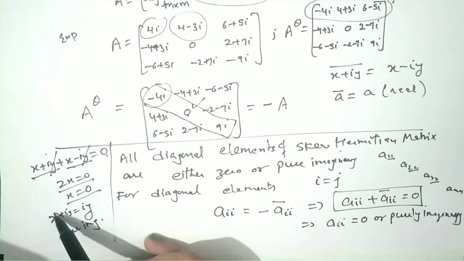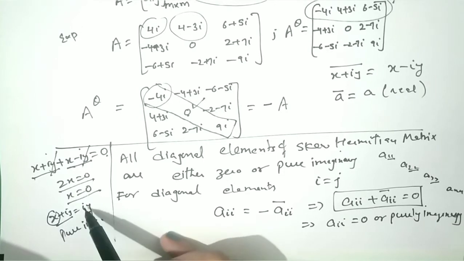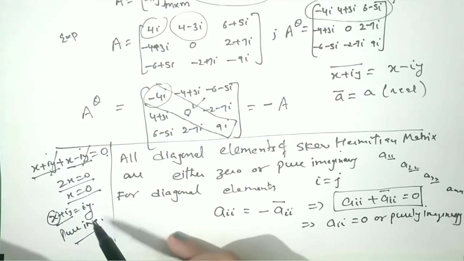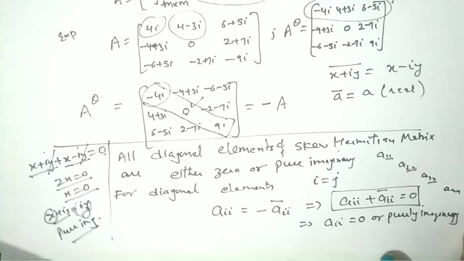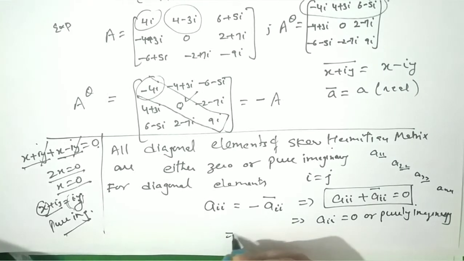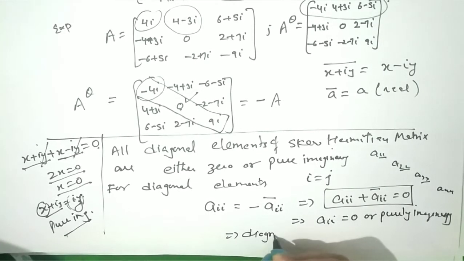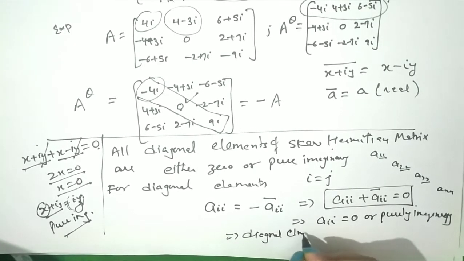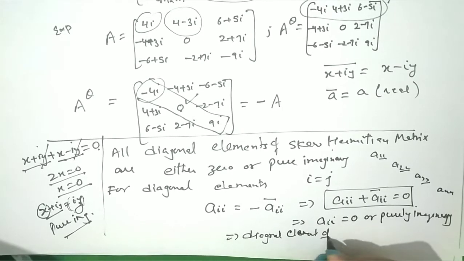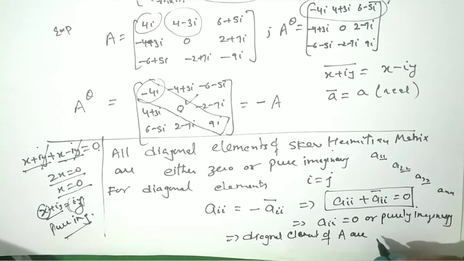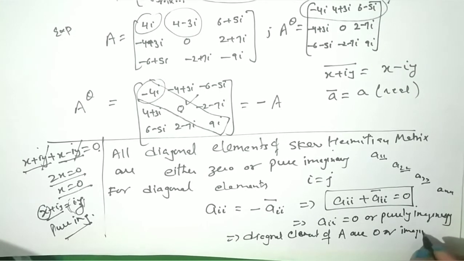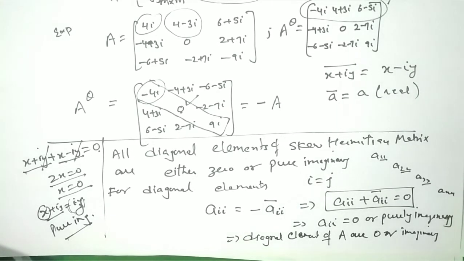If x is 0, in this case the number becomes iota y, meaning purely imaginary. If y is also 0, then this number will be equal to 0. So only two possibilities are there. Diagonal elements of A are 0 or imaginary, right?